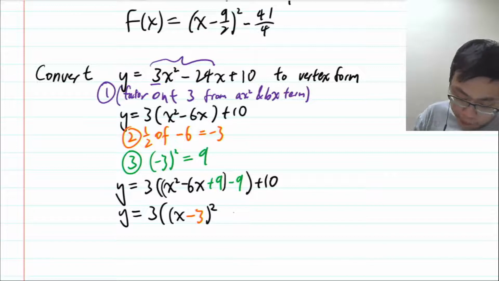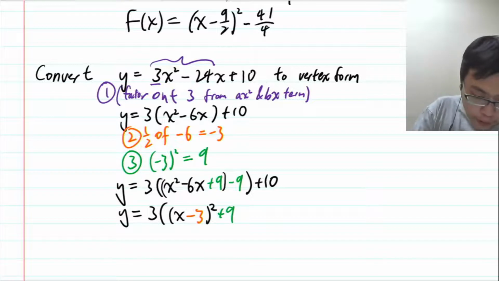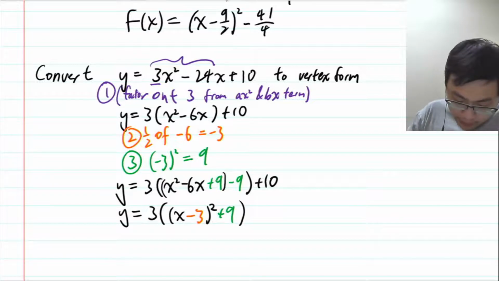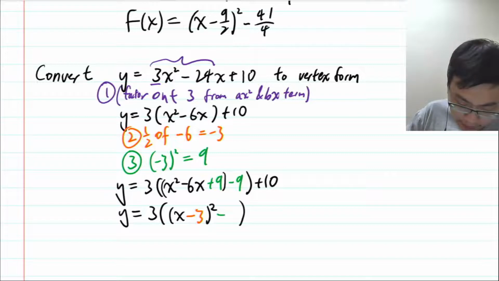And then our plus 9 stays inside the first set of brackets. And then we're going to close the bracket, and then we have a minus 9. Sorry, the plus 9 becomes part of the perfect square, I'm very sorry about that. This becomes minus 9, this is just coming down here.